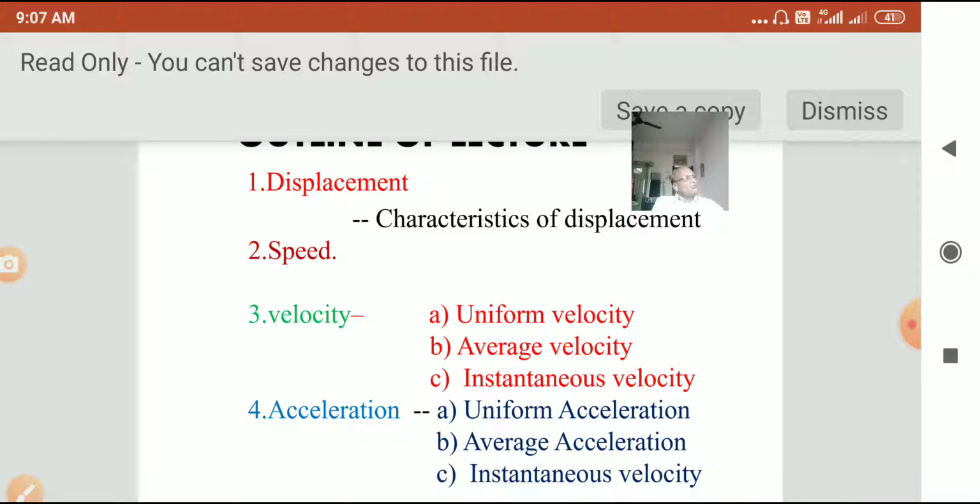Suppose a book placed on a table, it does not move unless we move the book. Second, when the engine of a spacecraft moving through space is turned off, it continues its motion in space at the same speed in the same direction for some time, and then it will stop.